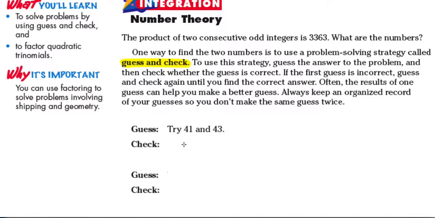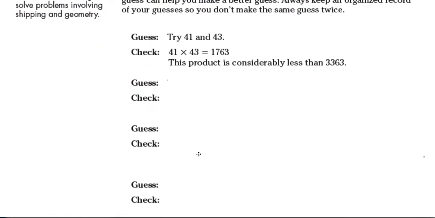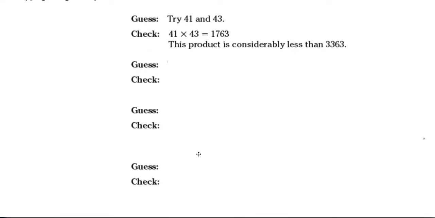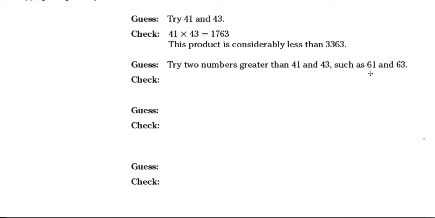We try 41 and 43, and their product is 1,763. That is less than what we want, 3,363. So we guess something higher, 61 and 63 this time, and we get 3,843, which is now greater than 3,363.